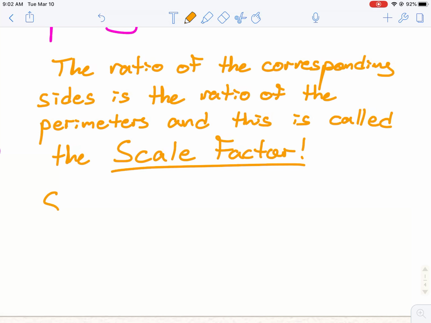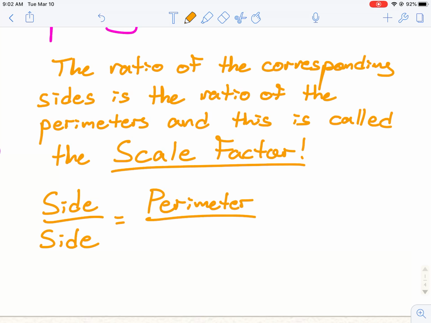So what that means is that if I compare one side of one polygon to its corresponding side of a different polygon, it would be equal to the perimeter of the first polygon over the perimeter of the second polygon. And then when I reduce that, that's what gives me the scale factor.